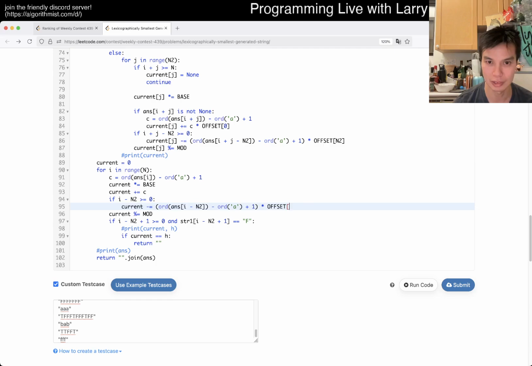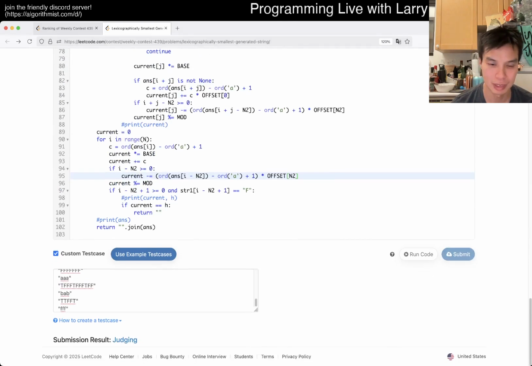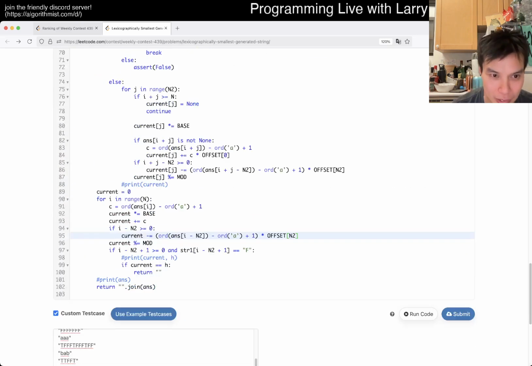Oh no, this is N2. Alright. I'm just too lazy to take out the print statements. If it gives me time limit exceeded, then I'll take it out, which is what I'm going to do now.